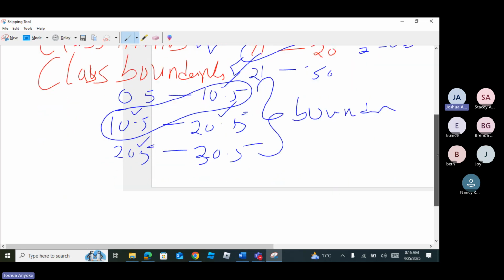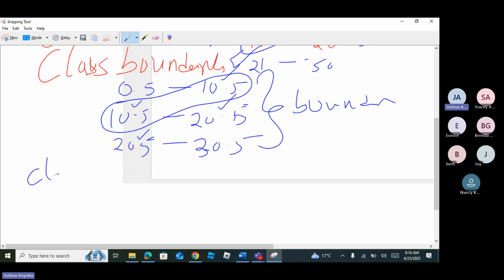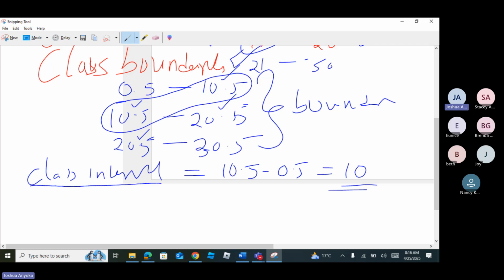So these are boundaries when they are the same. Boundaries will help us to come up with the class interval. Class interval is equal to 10.5 minus 0.5, which gives us 10. So class boundaries can help us to get the class interval comfortably.